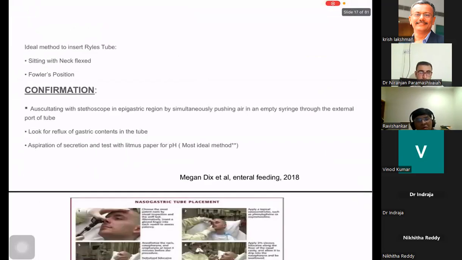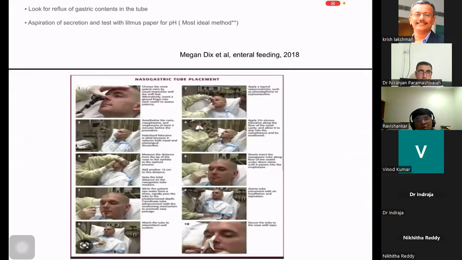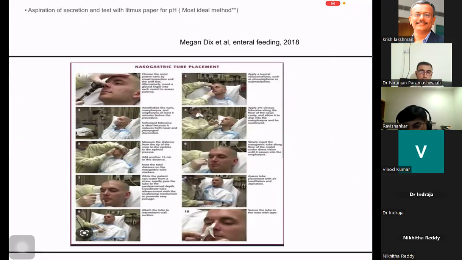In insertion of a nasogastric tube, generally we inform the patient how we are going to insert it, and then we advise the patient to be in Fowler's position, and we provide anesthesia in the nostrils with lignocaine gel, which also helps in decreasing the friction.